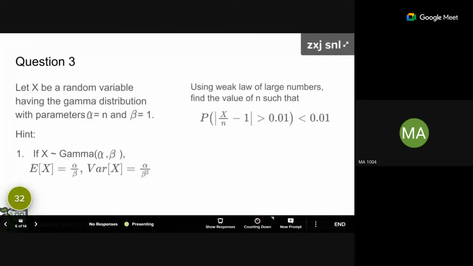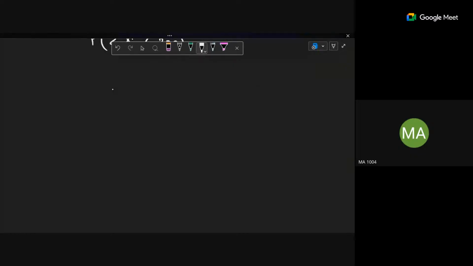So let's start with the solution. What we have been given is n random variables, right? How many random variables are there? That is the only question here. So x1 to xn we have. Oh, it was not given.